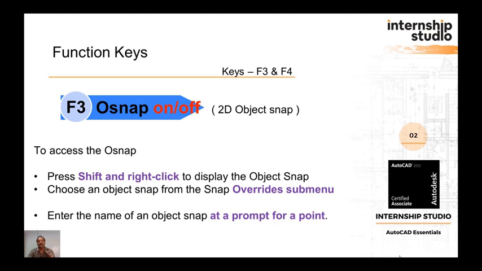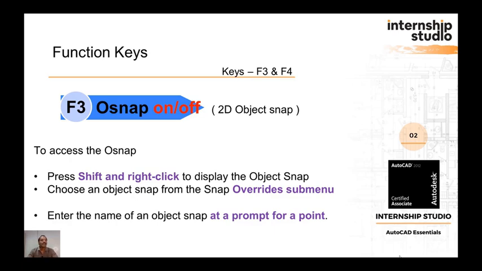Snap is just like capturing an image with a camera. Similarly, we hold or catch particular object properties available on the screen. This is called object snap. The same F3 button is used to switch it on as well as off.